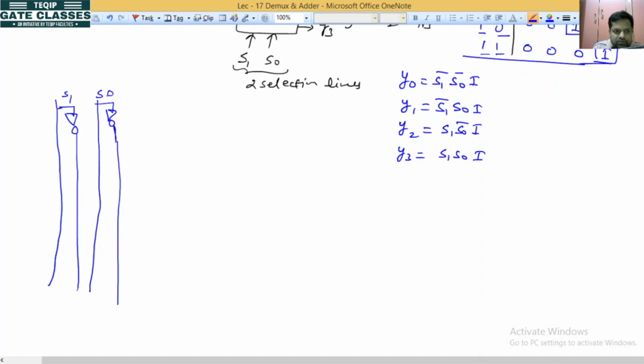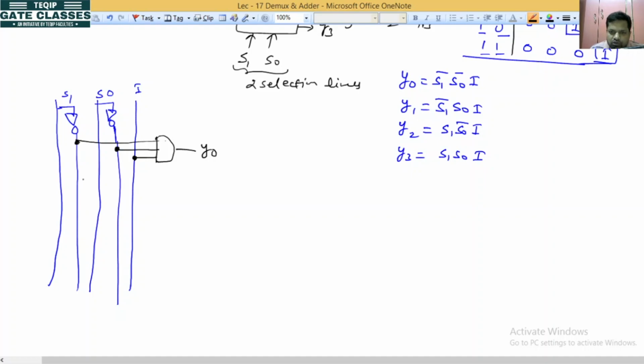So it is S0, this one is I we have. Now if you want Y0, it is S1 bar S0 bar I. S0 bar you can get here, and this is I. One 3-input AND gate will give you Y0.